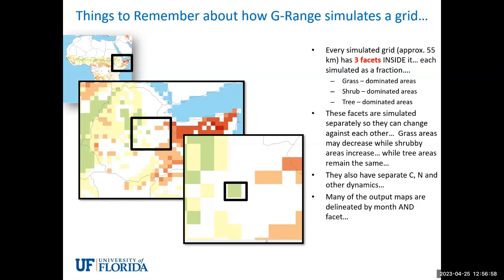You get this every month and by facet. So if you want to look at what happened to the carbon level in the grass in that grid in the grass dominated areas, you can get an idea of that. But you can even look at the grass within the shrub areas, because even within the shrub dominated zones, there is grass growing under the shrubs, and even in the tree areas. So again, it gives you some nice mixtures that you can look at.